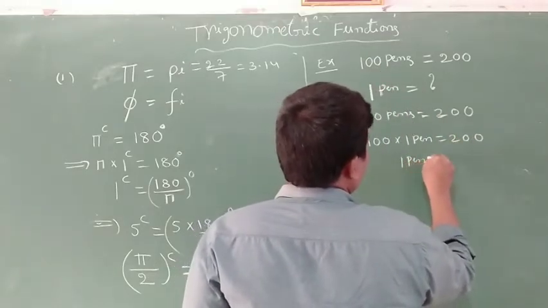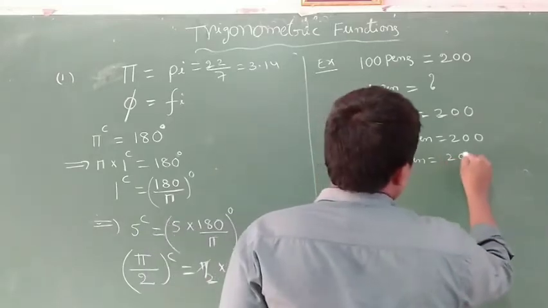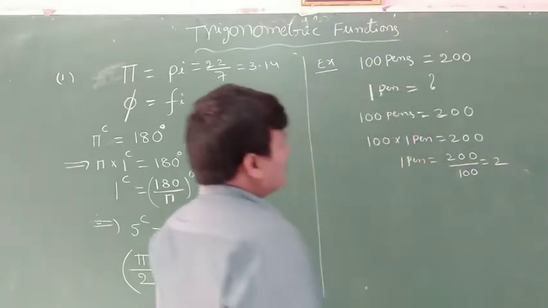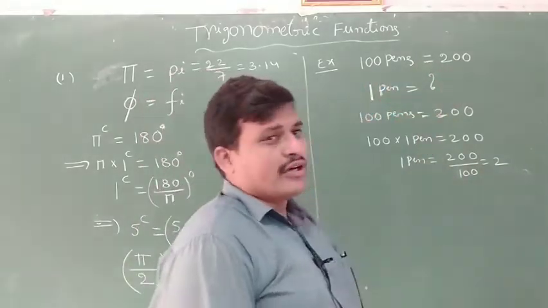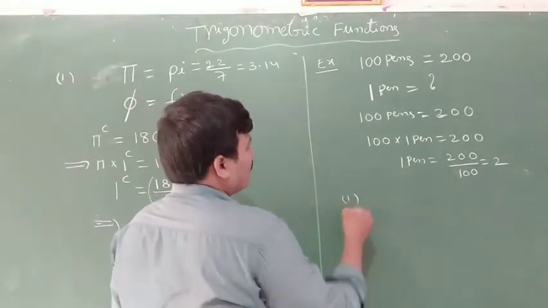So 1 pen is equal to 200 by 100, that is 2 rupees. So 100 pence is 200 rupees, no problem. So, another example.